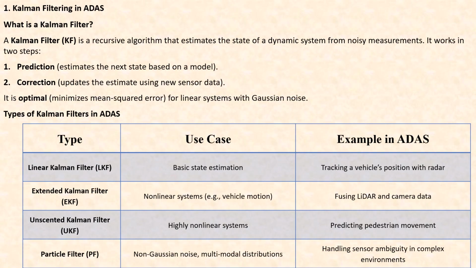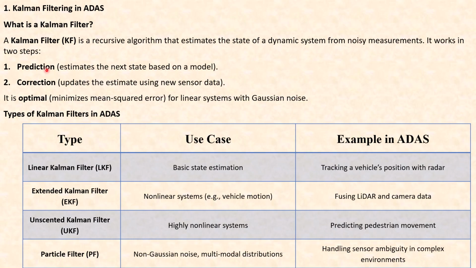Now what is Kalman filtering? Kalman filtering is a recursive algorithm that estimates the state of a dynamic system from noisy measurements. Please understand this sentence clearly: it estimates the state of a dynamic system from noisy measurements. It gives a very accurate estimate of the dynamic system from noisy measurements.